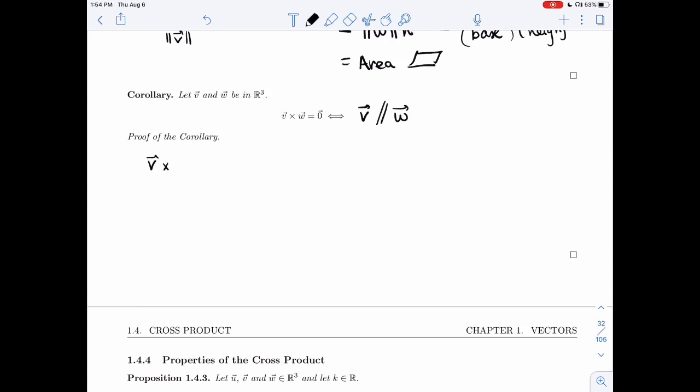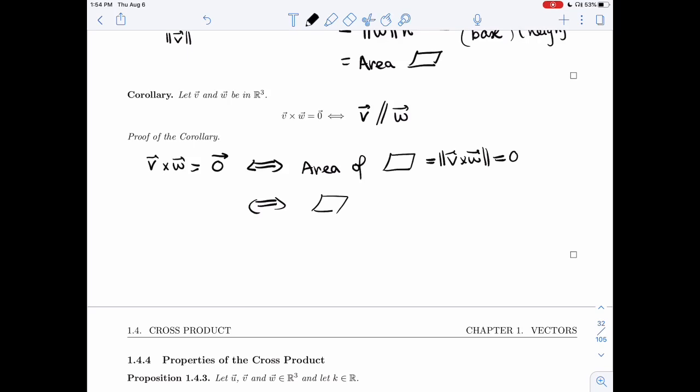If v cross w equals 0, notice 0 vector, right? The cross product is a vector. That means the area of the parallelogram, which is the length of v cross w, is 0. So if the cross product is 0, the parallelogram has 0 area. That means the parallelogram is flat. That's the same thing.